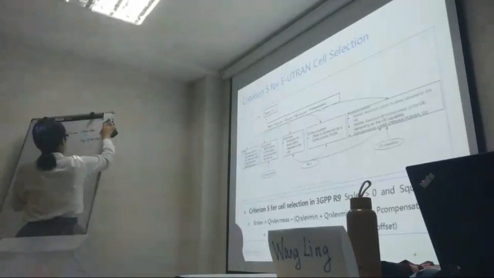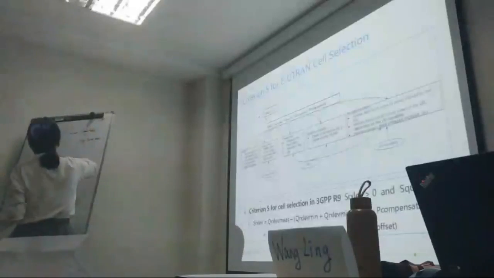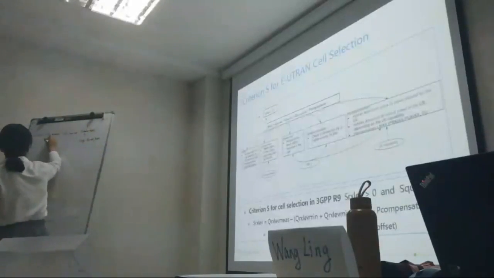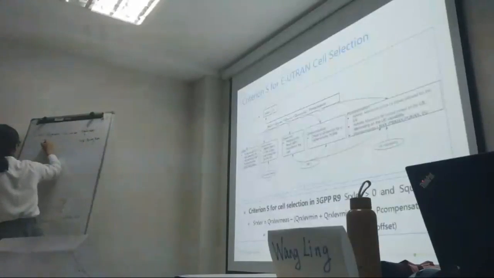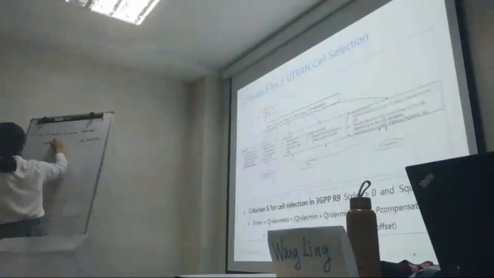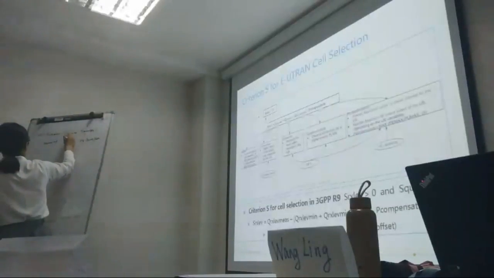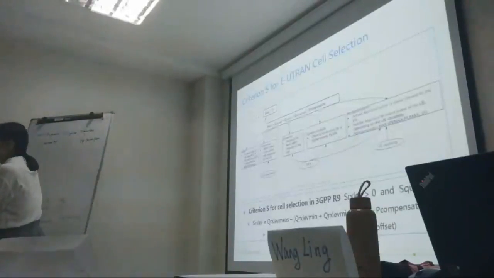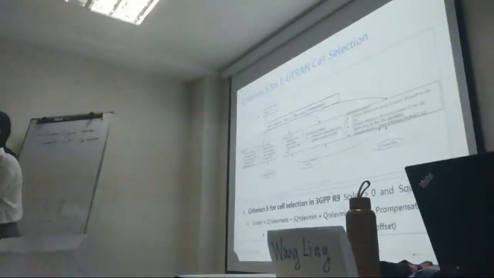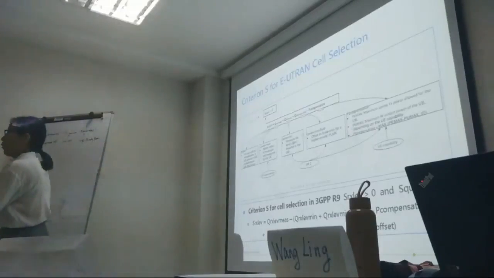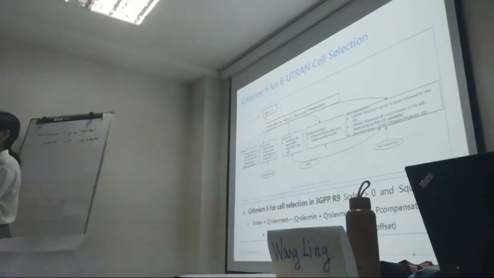So this part is what we consider the measured value, the measured SRP. This is what we set as the minimum. It's okay. But different UEs may have different capabilities.